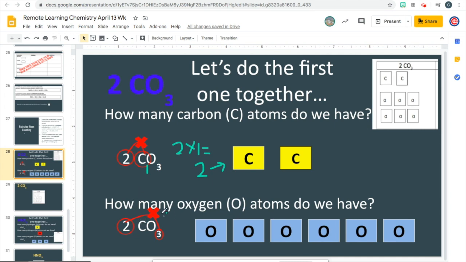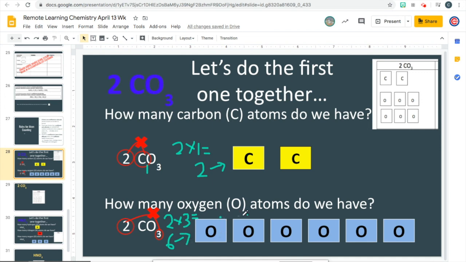Now, for oxygen, we have a coefficient of 2 and a subscript of 3, okay? So what are we gonna do there? We're gonna do 2 times 3 equals 6. So we know that there is 6 oxygen.